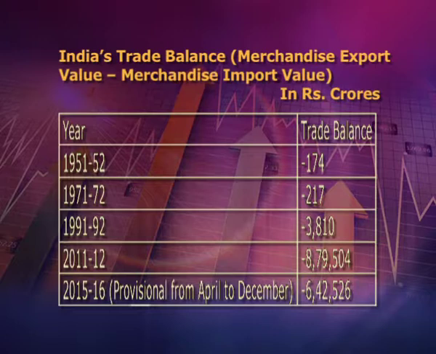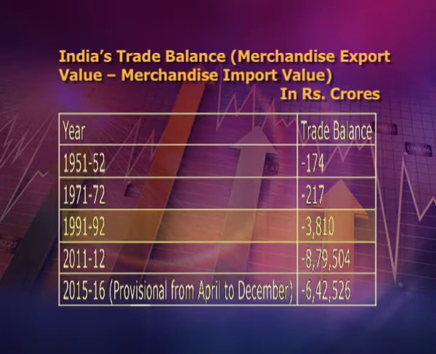Trade balance is the value of merchandise exports minus the value of merchandise imports. In the year 1951-52, the trade balance was negative. In the year 1991-92, it was again negative.